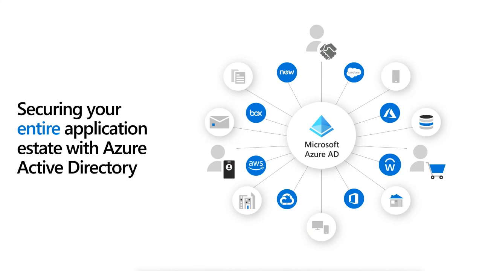Number two, even today, customers tell us that they think Azure AD is exclusively for Office 365. But that's not true. Azure AD can be used to secure access to third-party SaaS applications like Workday and Salesforce, other cloud platforms like Amazon Web Services or Google GCP, private applications on premises, and of course, Office 365.